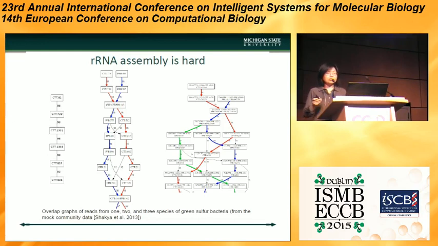So you can see this graph becomes very tangled with just three species. And how can you figure out the correct paths? That is not a trivial problem. And of course, you might say, how about we just use generic de novo metagenomic assembly? I will show you later on that those programs are not optimized for 16S ribosome RNA assembly.